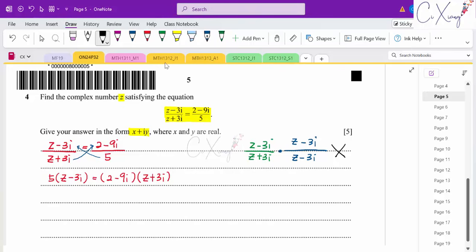So why is it not correct? It is because z is actually a complex number x plus yi, right? So your real part for the denominator basically is x plus y plus 3i. Okay, so when you want to rationalize it, you should actually multiply it with x minus y plus 3i. Okay, so when you have z minus 3i, it actually means x plus yi minus 3i.